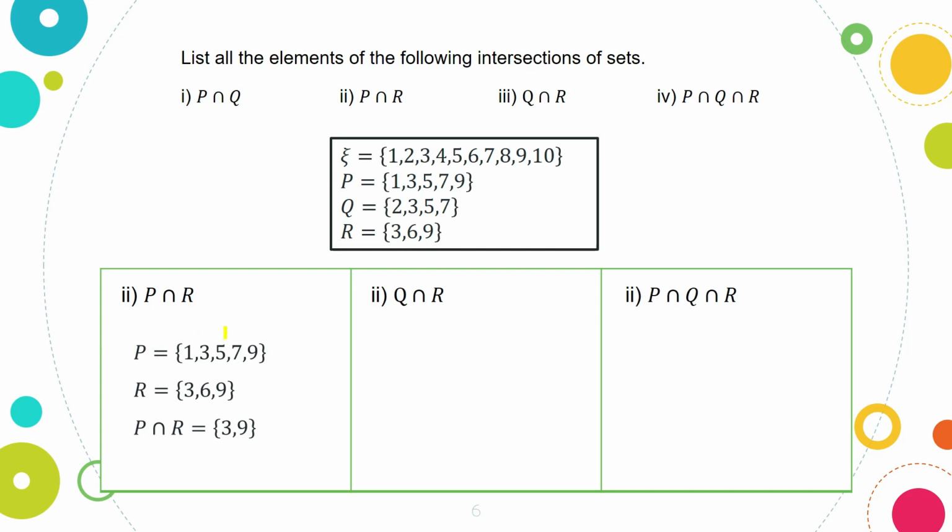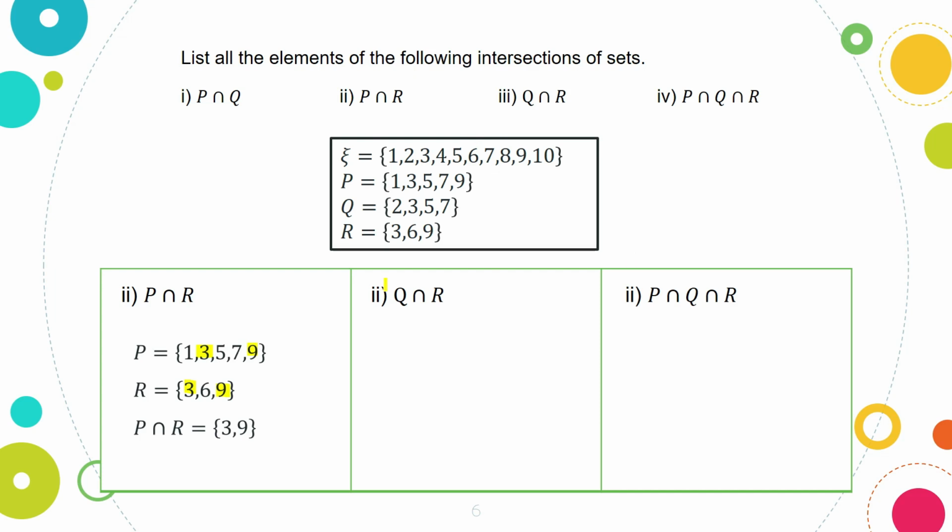Then we can determine that 3 is in both sets, 9 is also in both sets. So we can say that the elements of P intersect R are 3, 9. Okay, this is how you solve this kind of question.